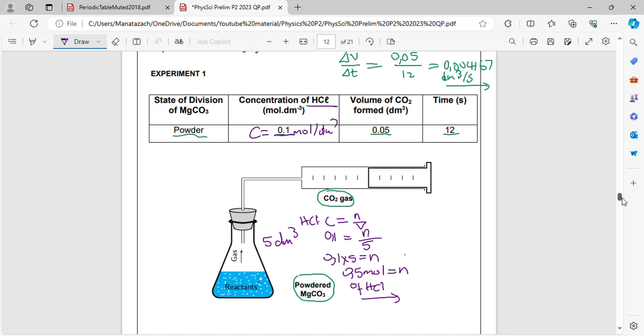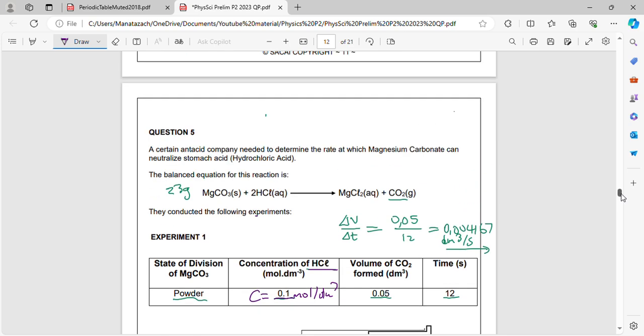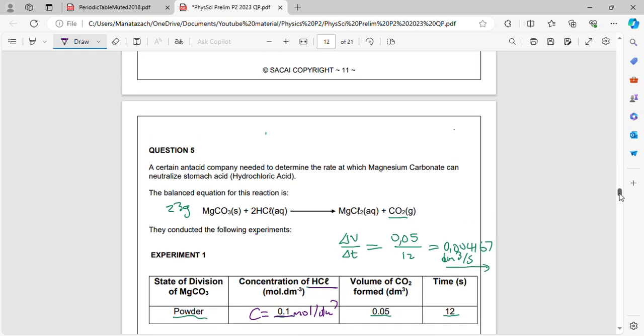Now let's look at the balanced equation. That means here 0.5 mole of hydrochloric acid was involved in the reaction, but this reaction has a 2:1 ratio.